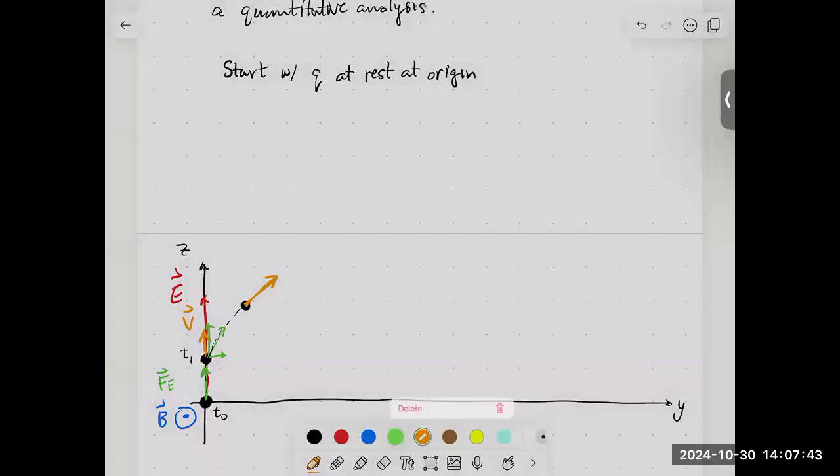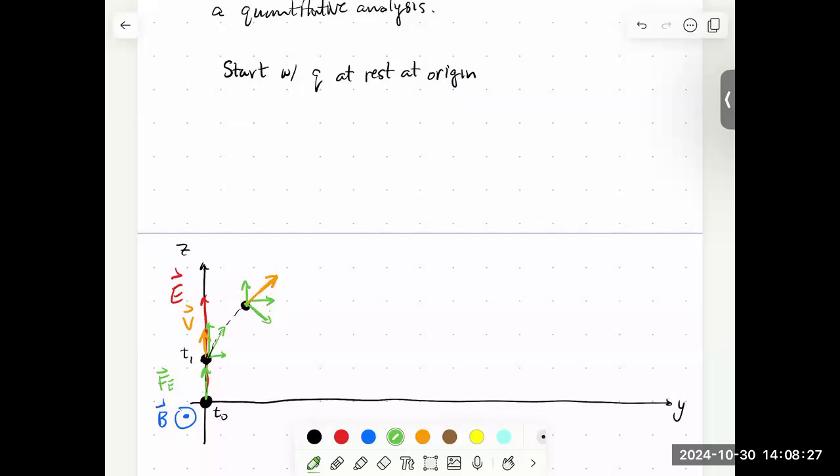Now the electric force doesn't change. Whoops. My forces are in green. My electric force doesn't change. The magnetic force, what is the direction of the magnetic force now? Well, it's going to be V cross B, it's just perpendicular to this orange arrow, but the velocity is a little bit faster now. And so now we're going to have a magnetic force that's a little bit stronger, something like this. And if I add these two vectors, what do I get? You know, something that's a little bit horizontal.